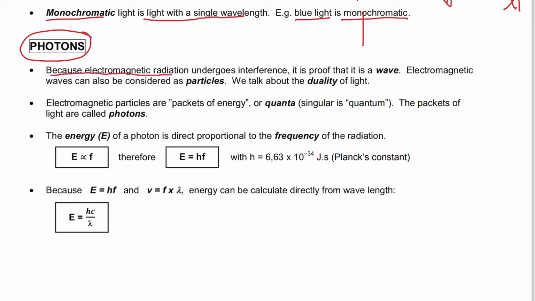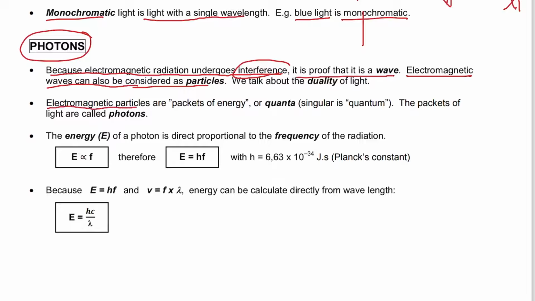Now, because electromagnetic radiation undergoes interference, it is proof that it is a wave. So the interference and the diffraction of light prove that light behaves as a wave, right? And electromagnetic radiation can also be considered as a particle. We'll talk later about the dual nature of light when we do the photoelectric effect.